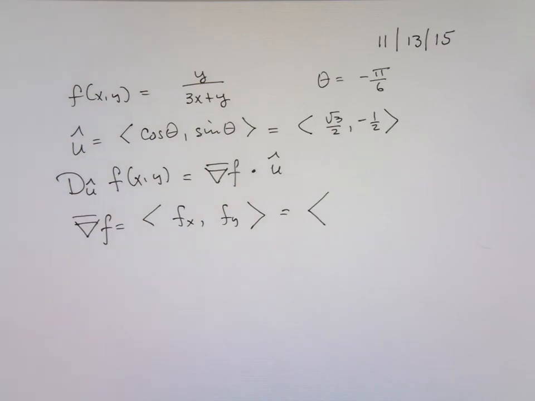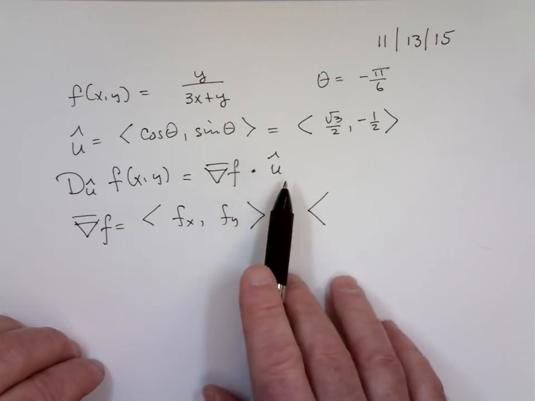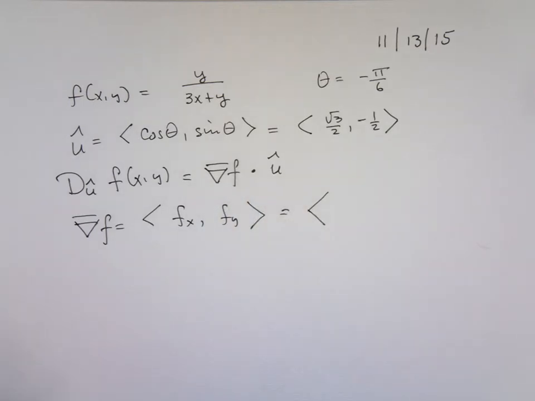So when they ask for the gradient times the unit vector u, what does that give you? This dot product, the gradient times the unit vector u in the direction of our angle, gives us a directional derivative. What does it give you geometrically? You've got a surface, you've got a direction.